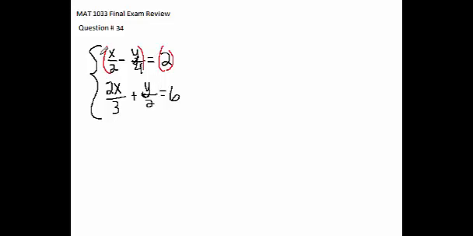The least common denominator here is 4, so I'm going to multiply through by 4 over 1. And the least common denominator here would be 6, so I'm going to multiply both sides by 6.